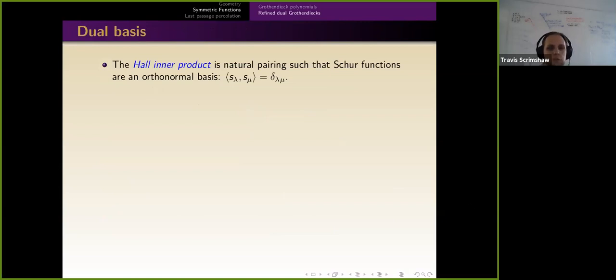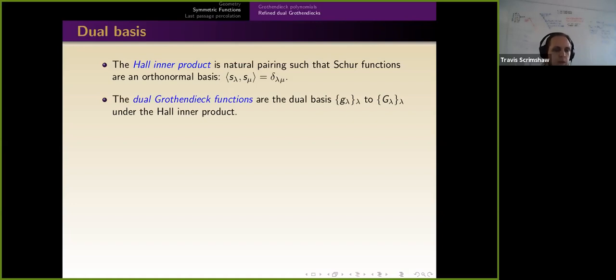So we can do stuff that we normally want to do, at least for me in the land of symmetric functions, which is find a dual basis with respect to the Hall inner product, which is kind of the canonical inner product on the ring of symmetric functions. And the Schur functions, you can define by saying the Schur functions are an orthonormal basis.